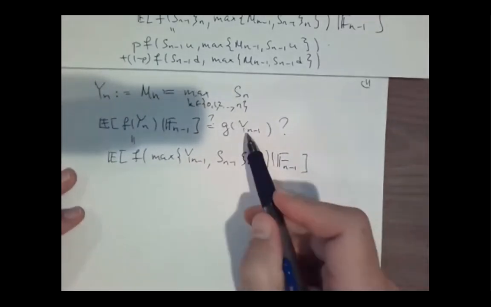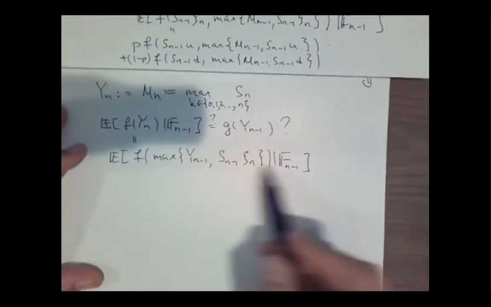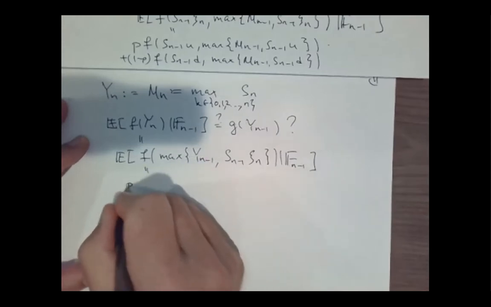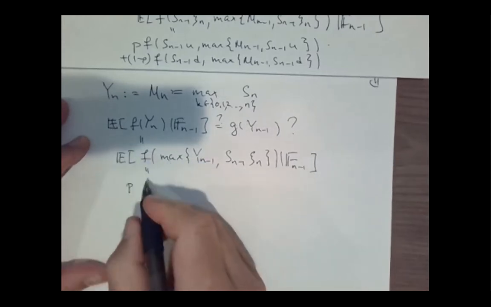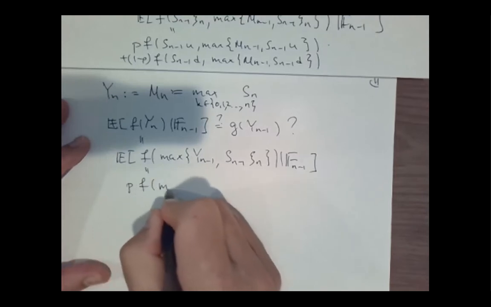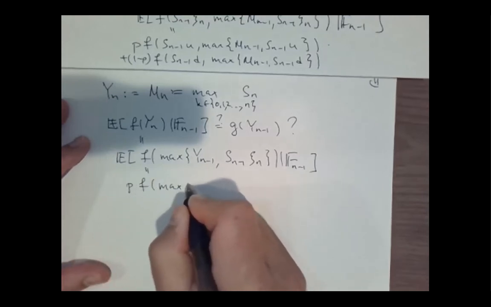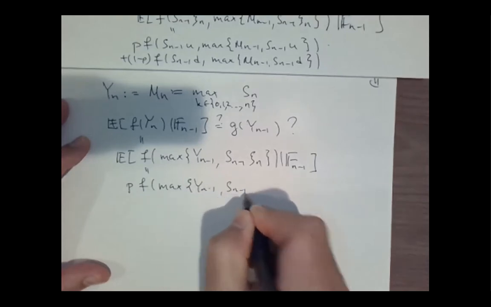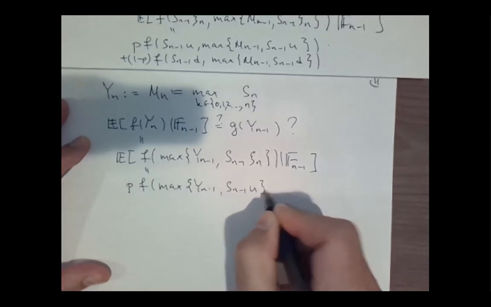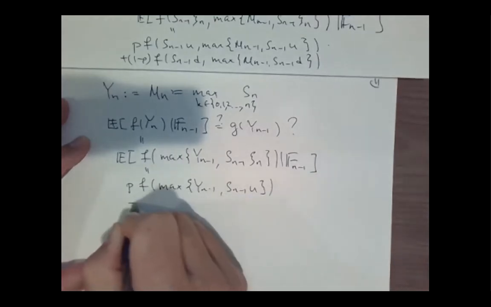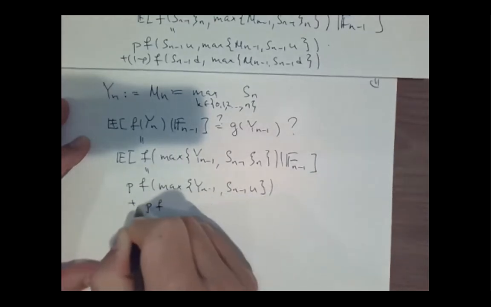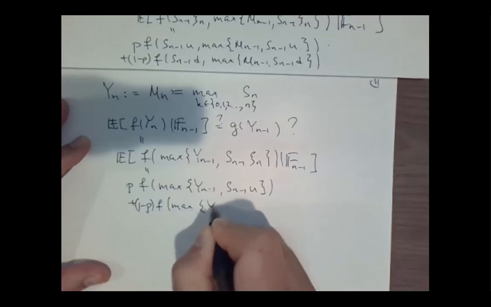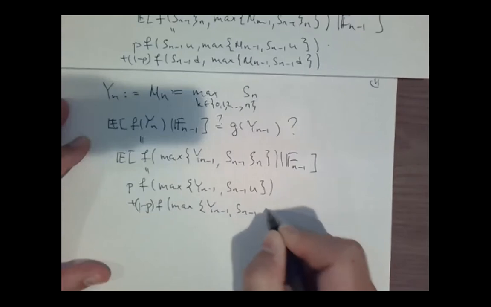Does this look like a function of Yn minus 1? Well, we have to calculate what we have here. We again use the independence lemma. This is p, if I'm computing on the measure P, of f of max of Yn minus 1 is Mn minus 1, and then you have a u here, plus 1 minus p, f of max of Yn minus 1 is Mn minus 1 times d.